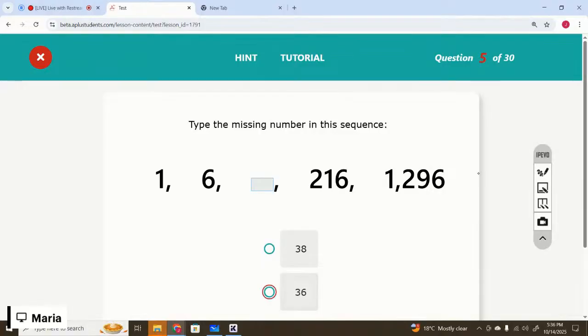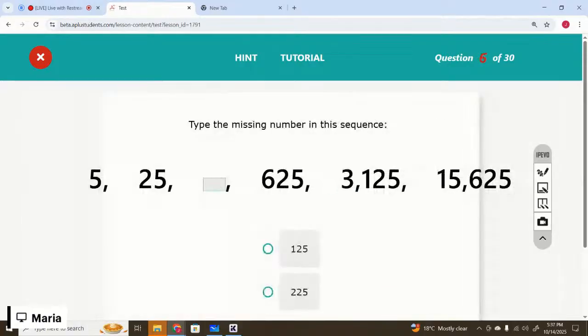1 times 6 is 6. 6 times 6 is 36. Type the missing number in the sequence. 5 times 5 is 25.